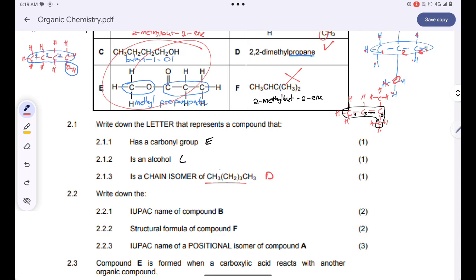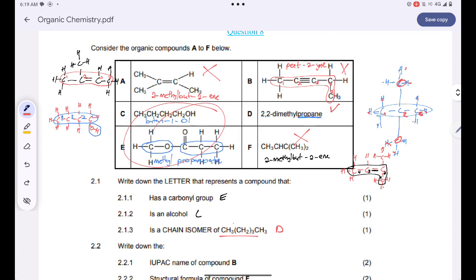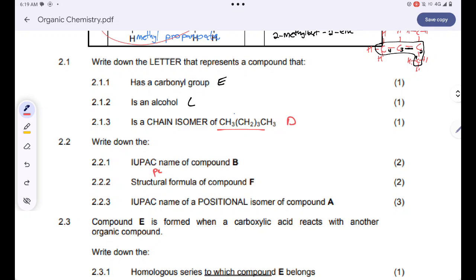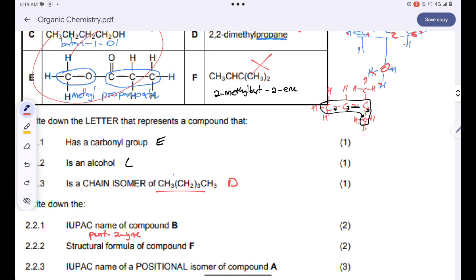Okay, now they want us to write the IUPAC name of compound B. We already did that. We said it's pent-2-yne. The structural formula of compound F, we've already drawn that. It should be like this: CH3, CH2, and then C with CH3, and another CH3 with a double bond though.